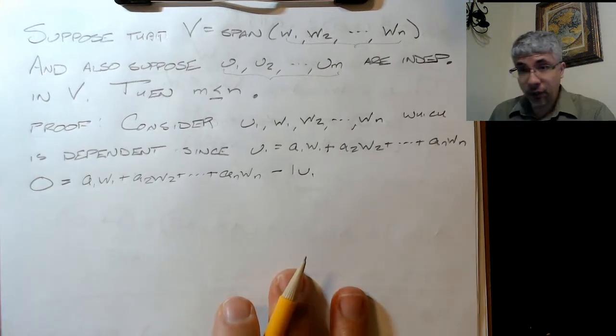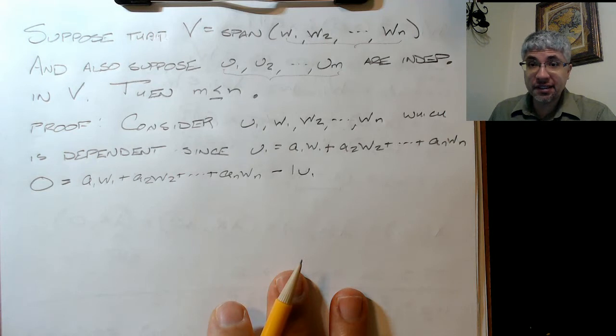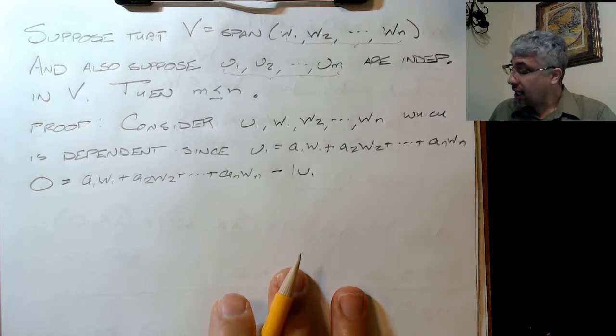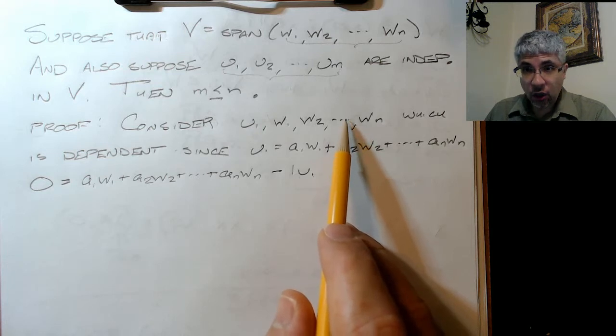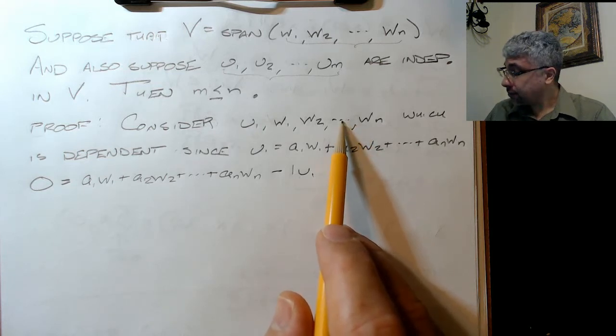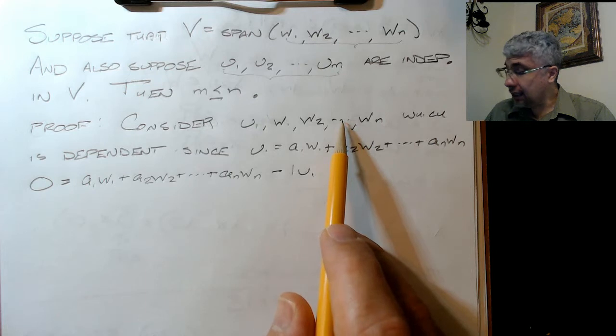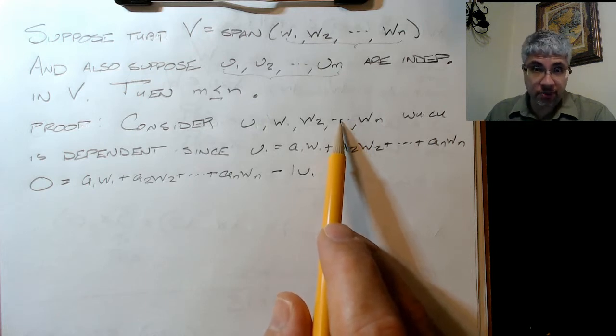Okay, so now what can I do? Since this is a dependent collection, I know that there is some vector here which is equal to a linear combination of the terms before it.